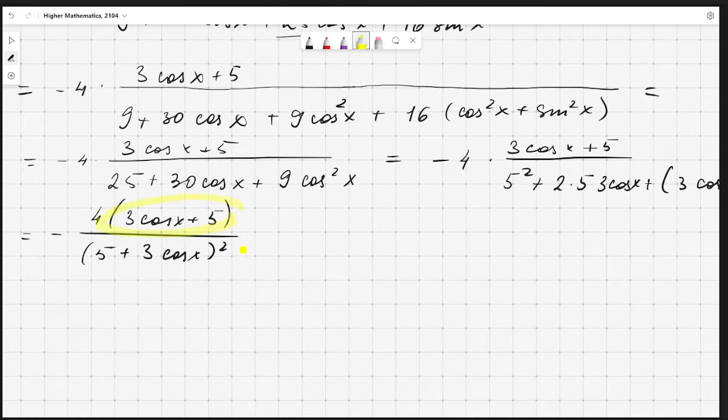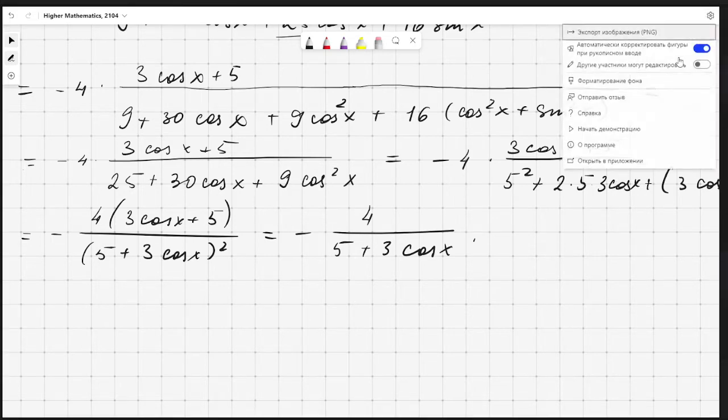Here we can delete one degree of 3 times cosine of x plus 5, and we can see this quotient in the answer. Is it clear? Yes, clear. Yes. That's clear.